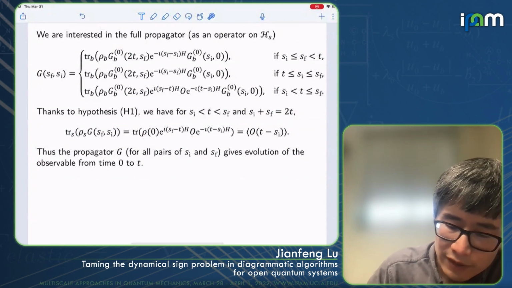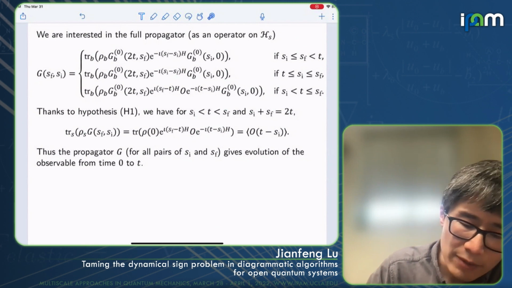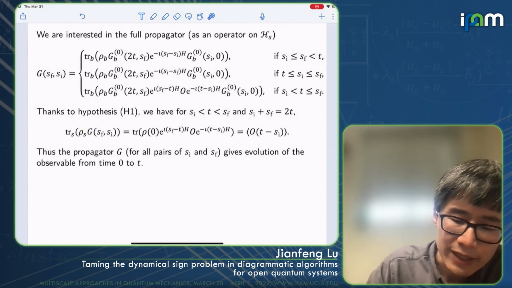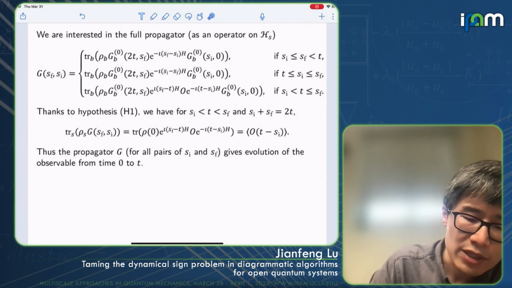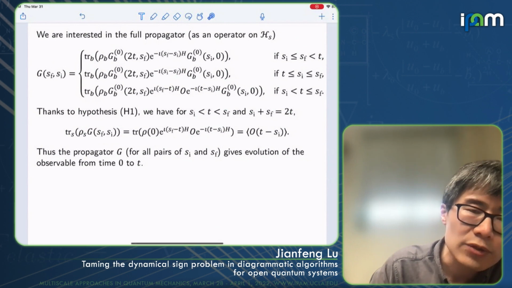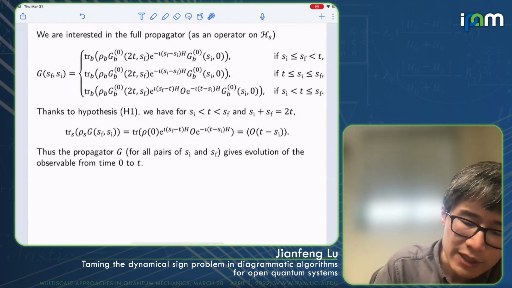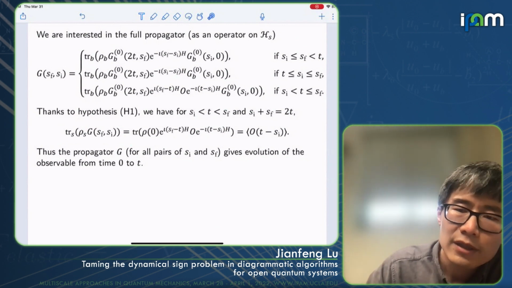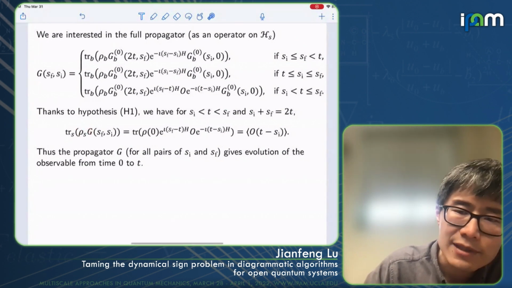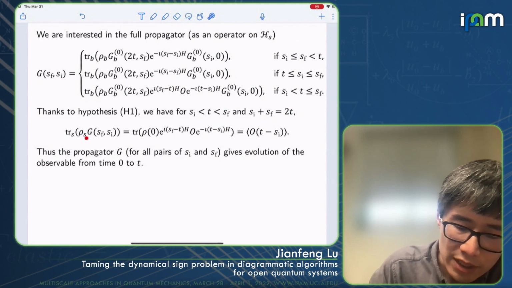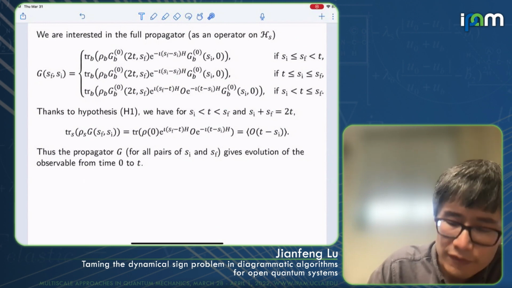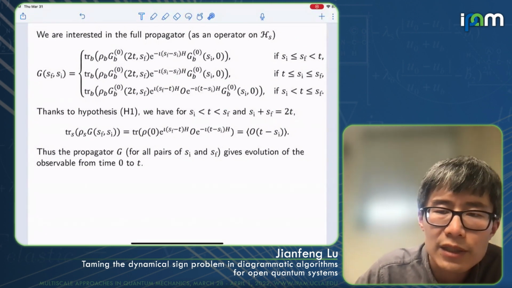We denote this thing as the full propagator, and you see that the full propagator integrates out the path degrees of freedom. So at the end of the day, you can think of this just as a propagation in the system. If you can keep track of the rho S, and if you know what the G is, then you can evaluate the physical observables acting on the system.